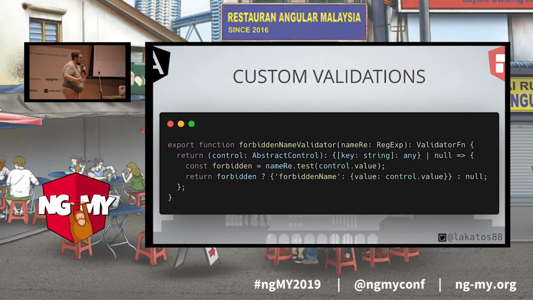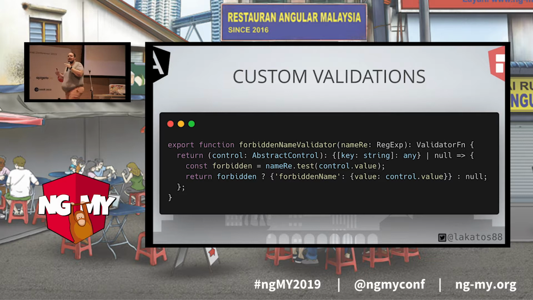It has nothing to do with Angular in the function. It's just pure JavaScript. And the function I built is actually a factory. So whenever I use it, I'm using a new instance of it based on the regular expression. So I can have unlimited validators that way.